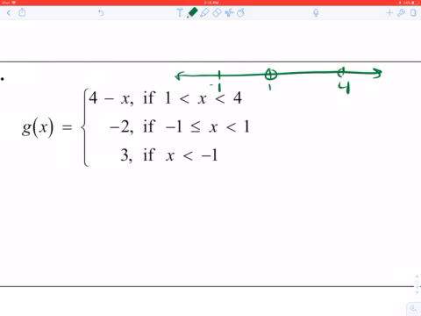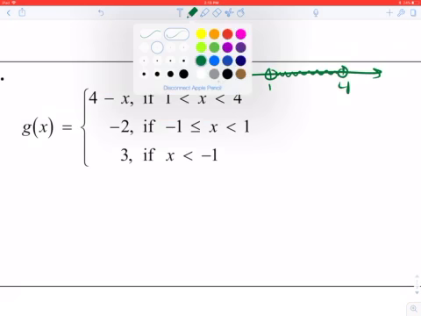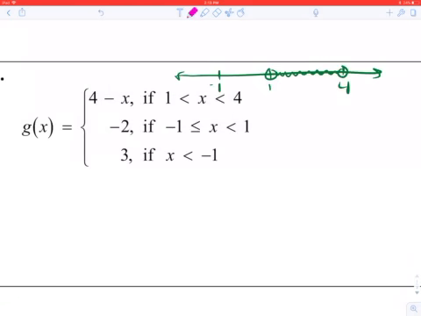The first one says anything strictly between 1 and 4. And then the second one says, maybe I'll use a different color, strictly less than 1, and so I have an overlap here, strictly less than 1 or greater than or equal to -1.